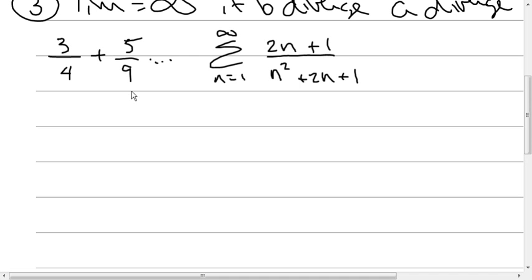If you're confused about how this works, just look back at example 2 on page 531. Now the important part is that this whole rational function is equal to a sub n.